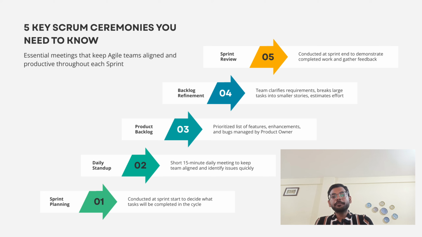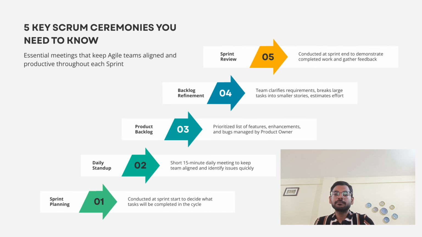Then coming to sprint review. Once the sprint is completed, there is an analysis of what percentage of the work planned before the sprint could be completed in the sprint.